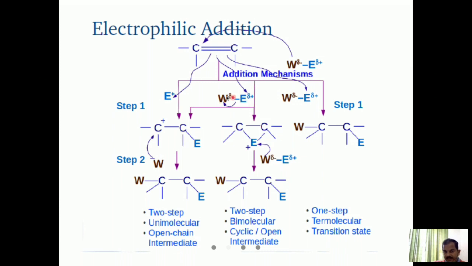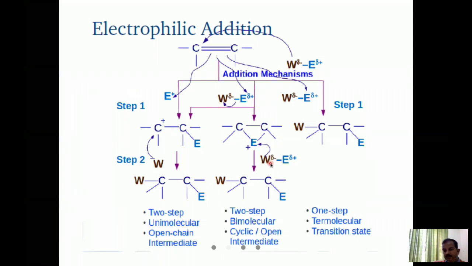It will attack this carbon directly, or it will make a bond like this. A cyclic transition state will form. This double bond is not shifting here or here. This bond is just donated to the electrophile. So it will be like this.